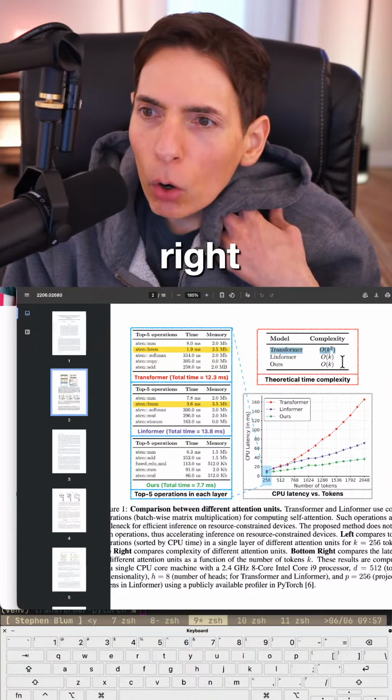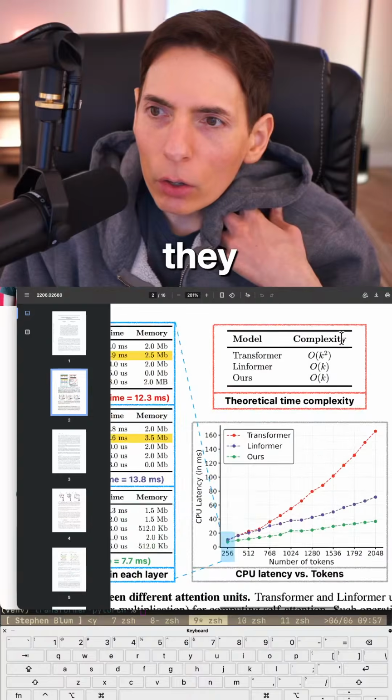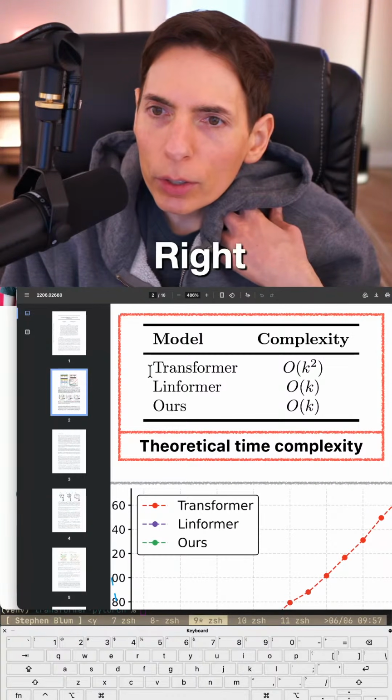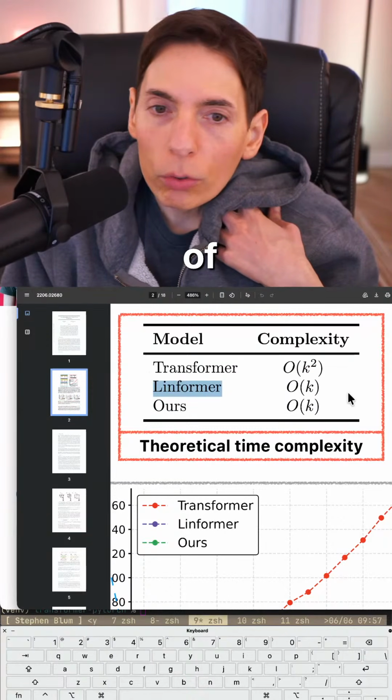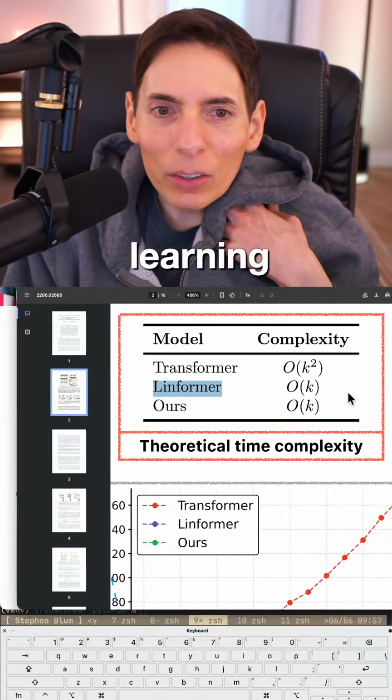Okay, yep, you're right. O of N right there. They call it O of K. Transformer, which is N squared, but theirs is also, and also Linformer is O of K. Okay, we're learning new things.